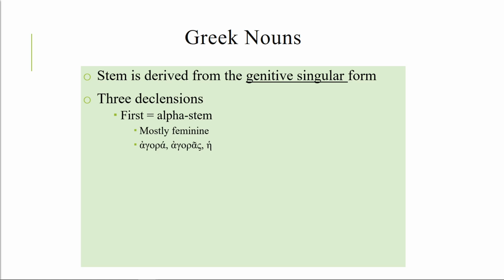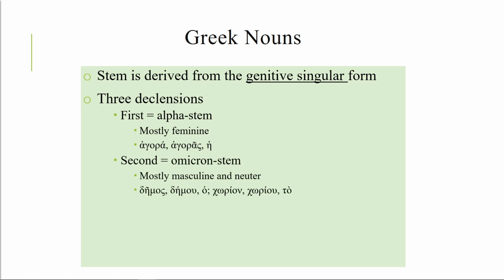Like agora, in the genitive, it's agoras. The second one is an omicron stem, and it is mostly masculine and neuter, with a very few feminines like hodos. So we have demos, demou, people, or horion, horiou.